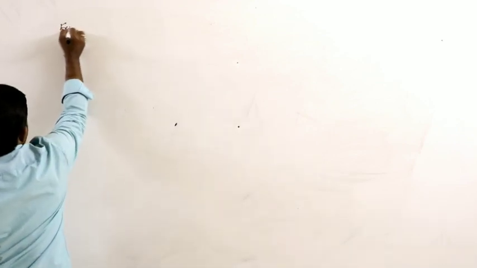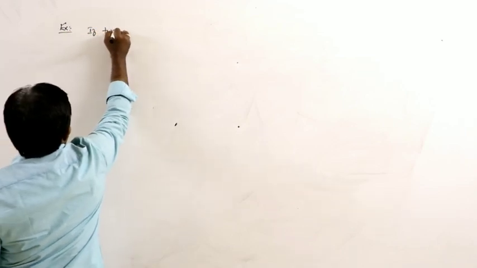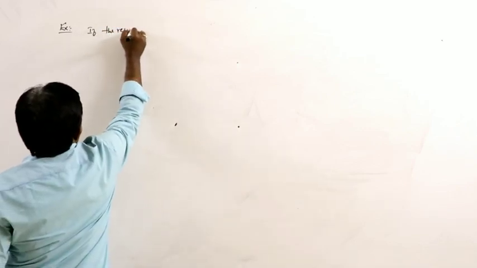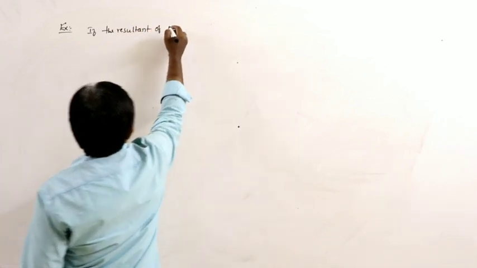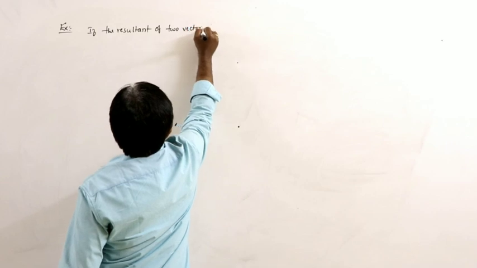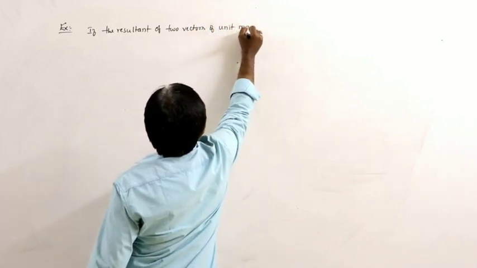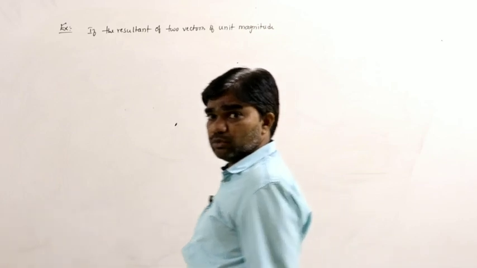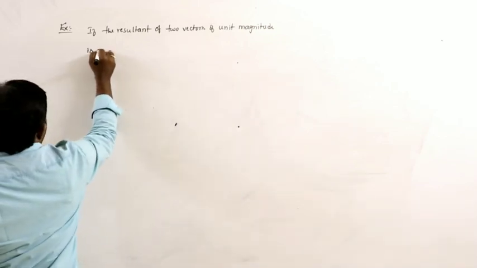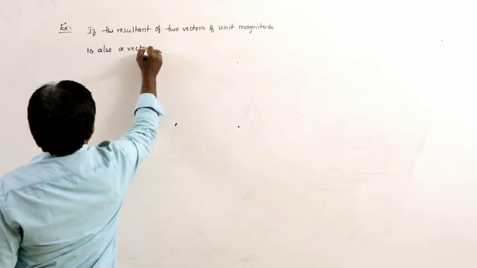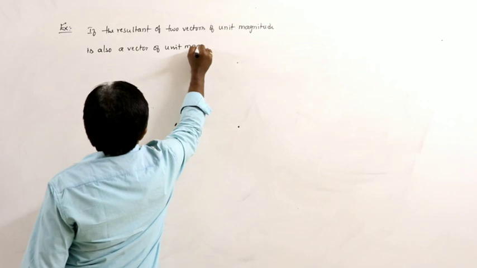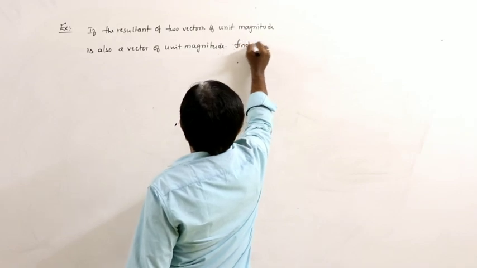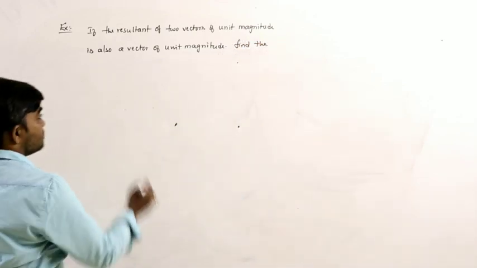So example, if the resultant of two vectors of unit magnitude is also a vector of unit magnitude, find the magnitude of difference between the vectors.